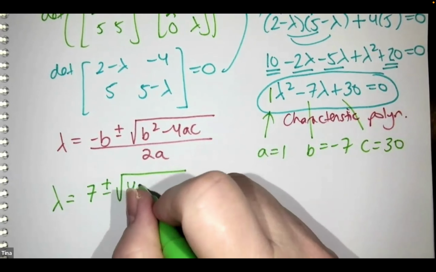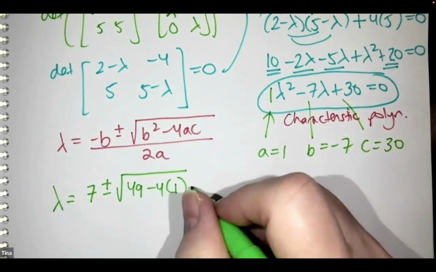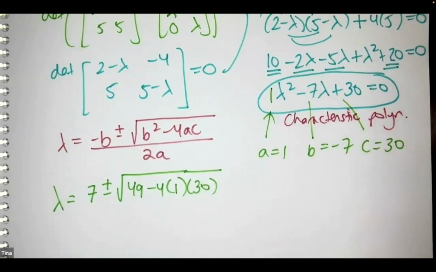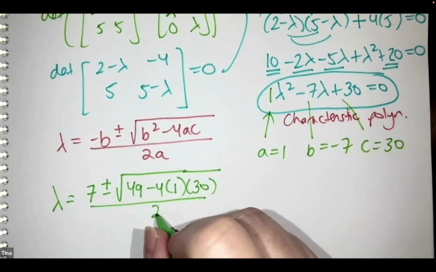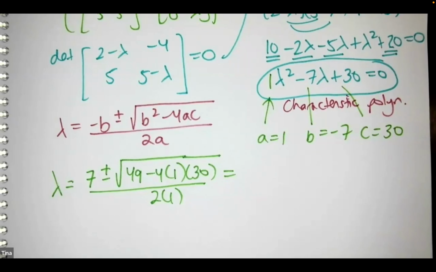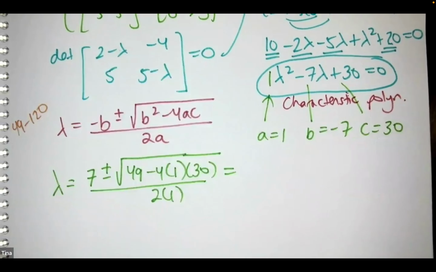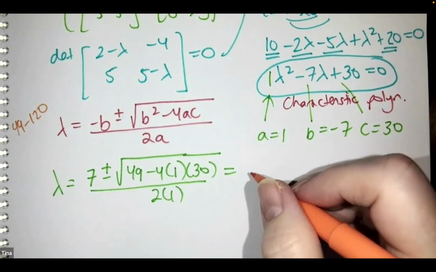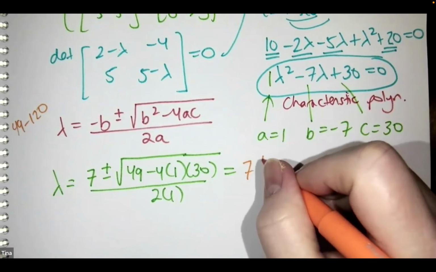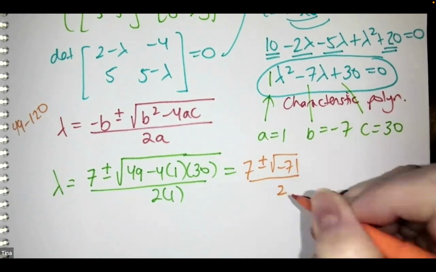So negative 7 squared is positive 49, minus 4 times a is 1 times c is 30, all over 2 times 1, so really just 2. Okay, so what's under my root there? It looks like 49 minus 120, right? So that's going to be 7 plus or minus root negative 71 over 2.